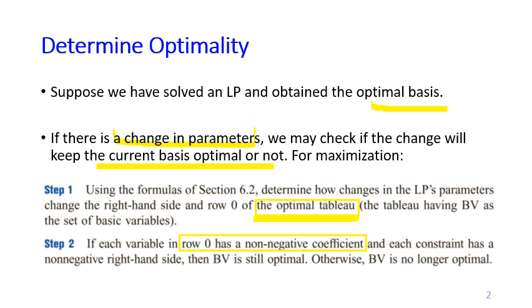Specifically for maximization, we check if each variable in row 0 still has a non-negative coefficient, and then the right-hand side of each constraint is still non-negative. If this is the case, then our current basis is still optimal after the change. However, if any of these two is not satisfied, it means that our current basis is no longer optimal.